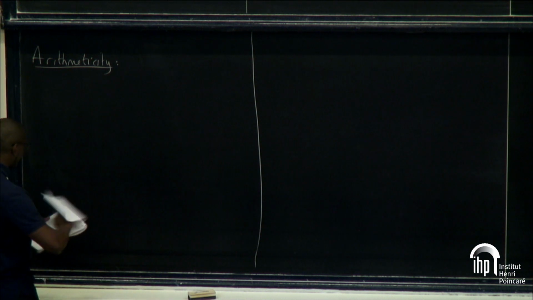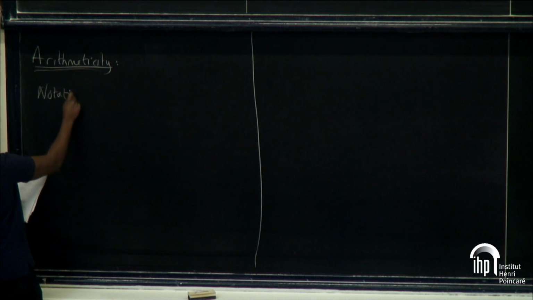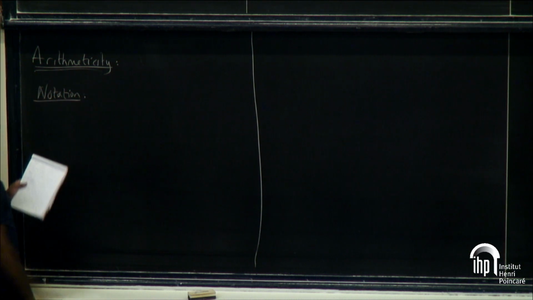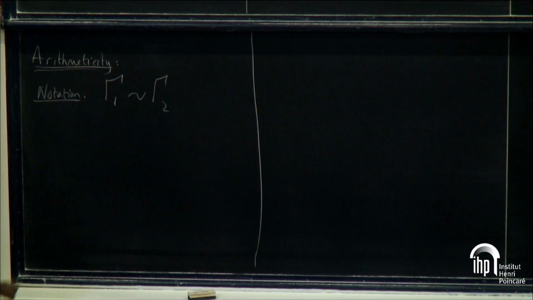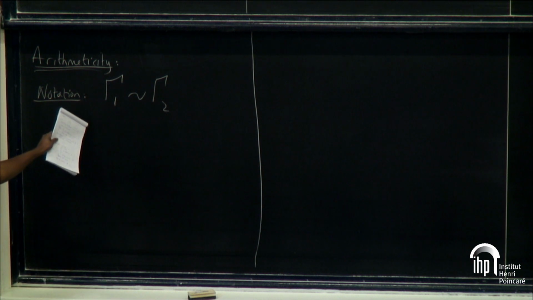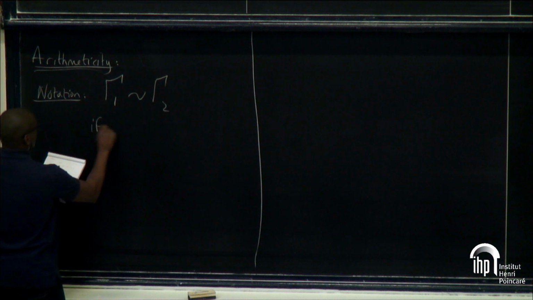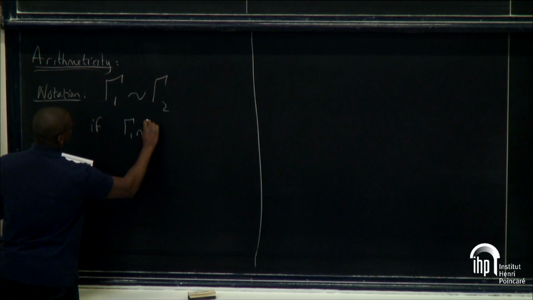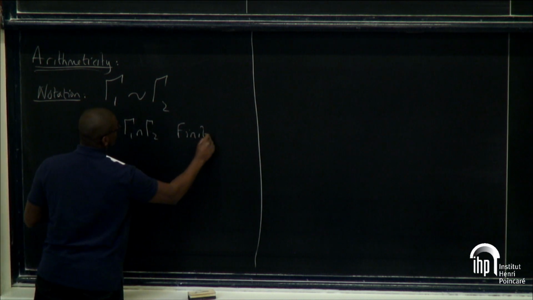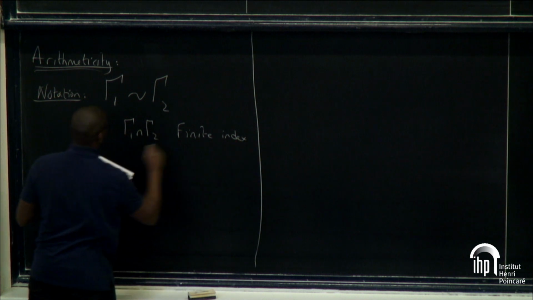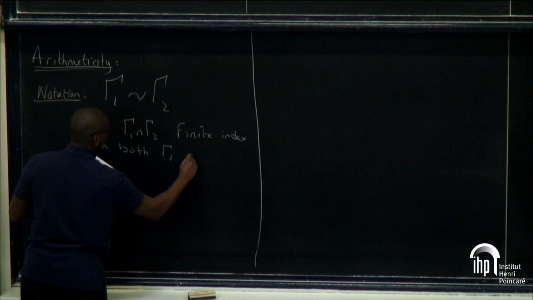So here's a notation. I write gamma 1 tilde gamma 2 to say that gamma 1 is commensurable with gamma 2, which is to say that the intersection of the two has finite index in both gamma 1 and gamma 2.